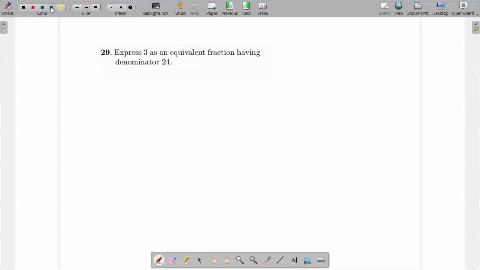This one is a little confusing. So this is 4.1. Express 3 as an equivalent fraction having a denominator of 24. So first thing I'm going to do with 3 is rewrite it as a fraction. So 3 is the same as 3/1. Next, I need to figure out what do I multiply by so that the new denominator is 24.